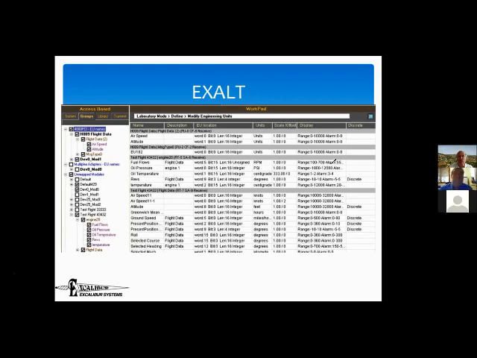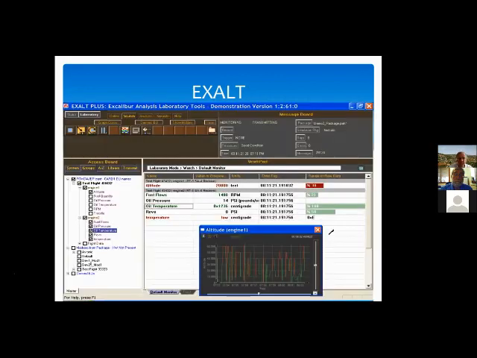It also, you see here, has a range and an alarm. So it says airspeed, for example, and airspeed is given in knots. However, I also tell it I want my airspeed to be between whatever my minimum is and whatever my maximum is. And if it's not, then I want something to pop up in red. And that way I see at a glance where my problems are.